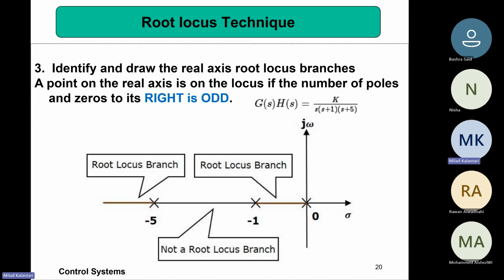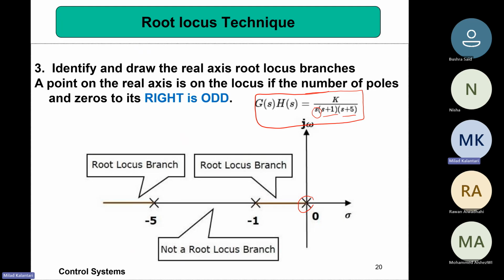So we give an example and you can understand how it is. Let's try to find the root locus for the closed loop system for this system. This system has 3 poles, right? We start putting them on the S-plane. There is a pole at 0, one pole at -1, one pole at -5.